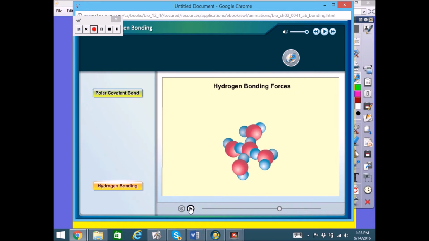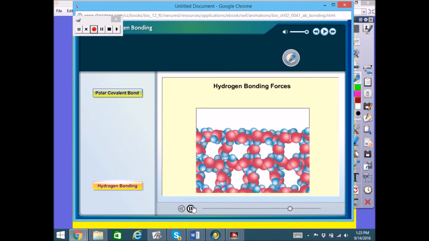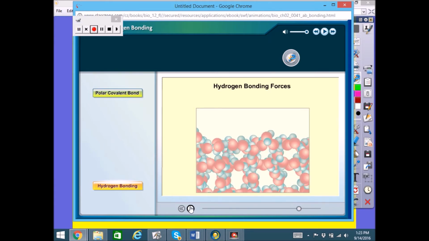Okay, so I want you to make note. It can form up to 4 hydrogen bonds. See how this oxygen is connected to the water of another water molecule, and so on. Okay? Can form 4 hydrogen bonds per molecule. In ice, hydrogen bonding leads to a tetrahedral arrangement of water molecules around one another. That is really important.